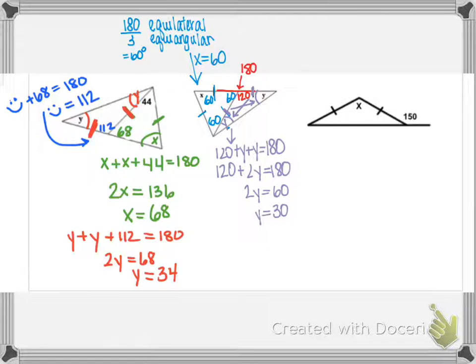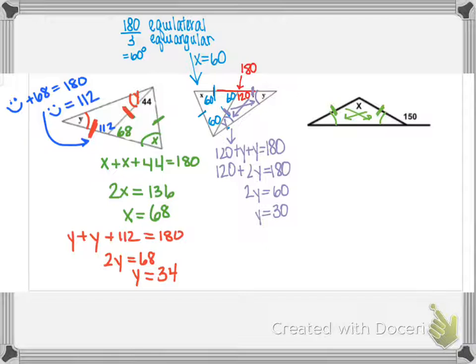Very last one on this lesson. Okay, so we're looking for x. We know these two sides right here are going to be congruent. So across from these two sides are going to be my congruent angles. So this blank angle over here on the left, and then this angle over here on the right next to that 150, the exterior angle.